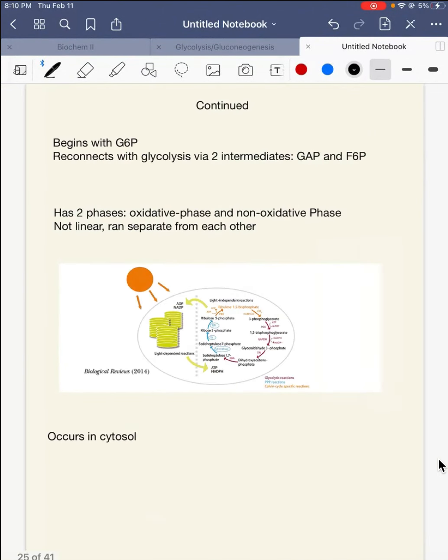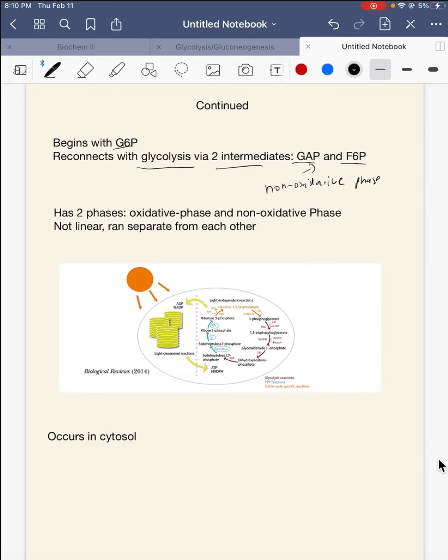It actually reconnects with glycolysis via two intermediates, which are part of the non-oxidative phase. These are GAP and fructose 6 phosphate. So the non-oxidative phase can make GAP and fructose 6 phosphate, and those can go back and enter glycolysis.